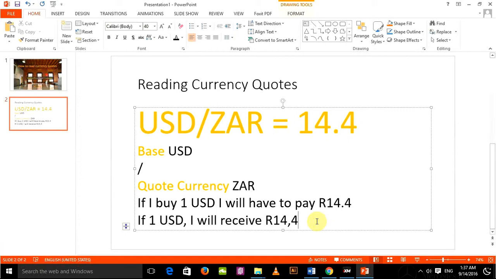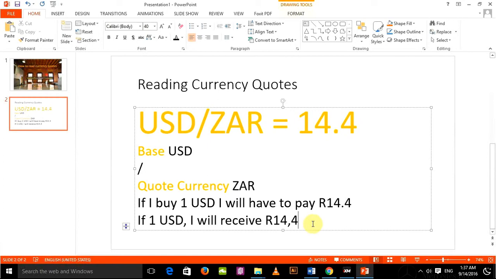So whether you're buying or you're selling, essentially reading the quote currency says, what do I get for either selling or buying one base currency in terms of the quote currency? So in this scenario, to buy 1 US dollar, I would have to pay 14.4 ZAR. Similarly, to sell 1 USD, I would sell it for the price of 14.4 ZAR.